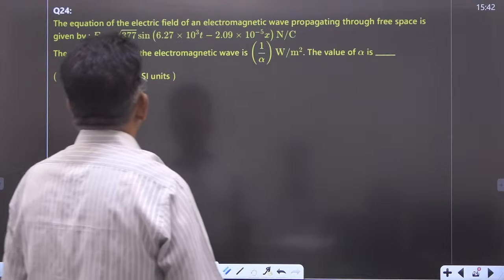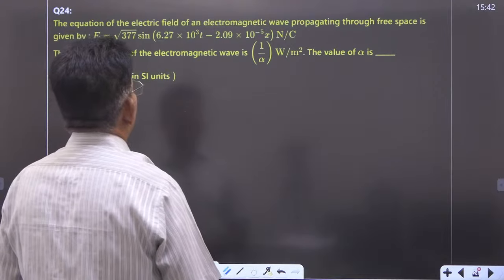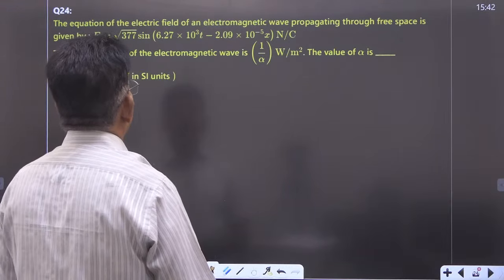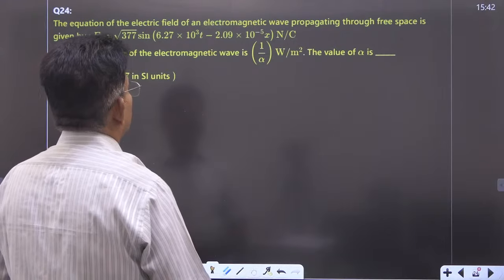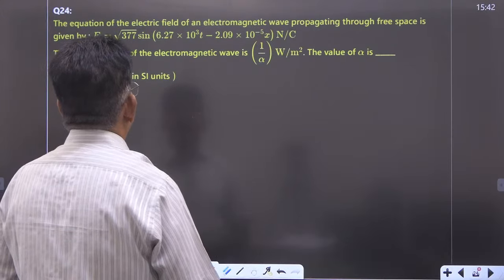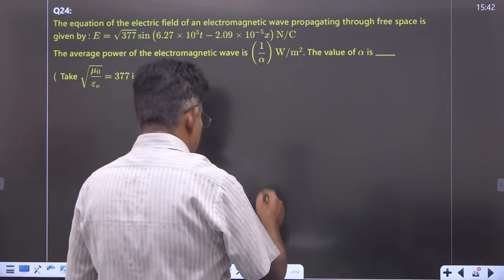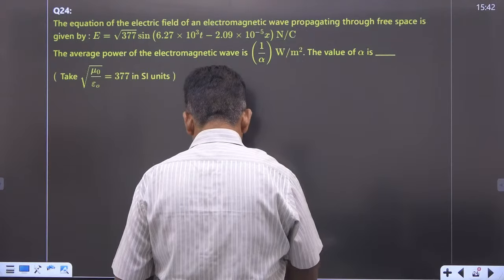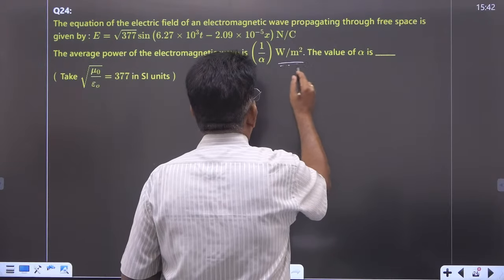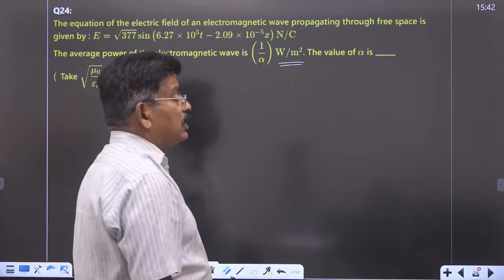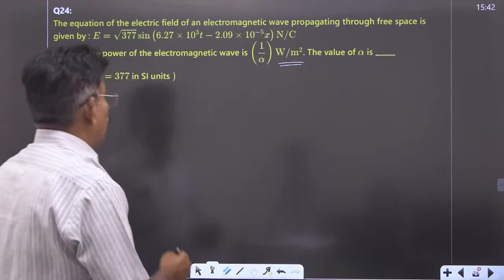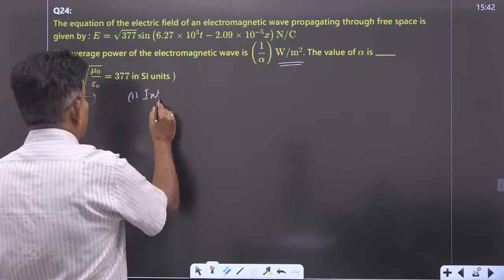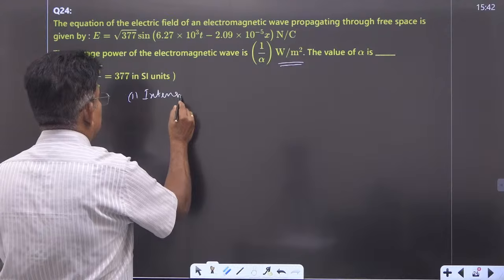Now tell me, the equation of an electromagnetic wave is given, with maximum value of E0 root 377, then average power. So look here, even though they use the word average power, you see the unit, this is intensity, not watts. So that's the first point, we have to calculate intensity.